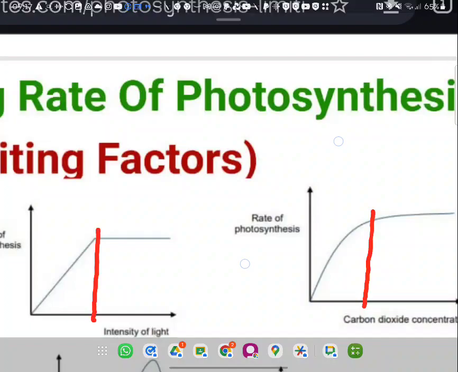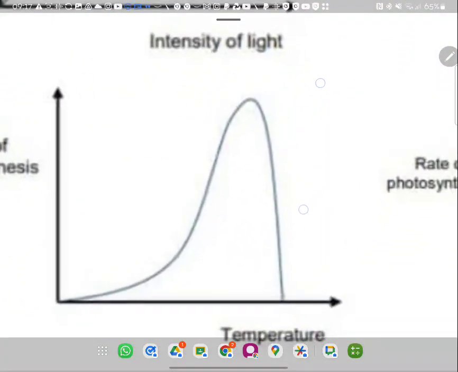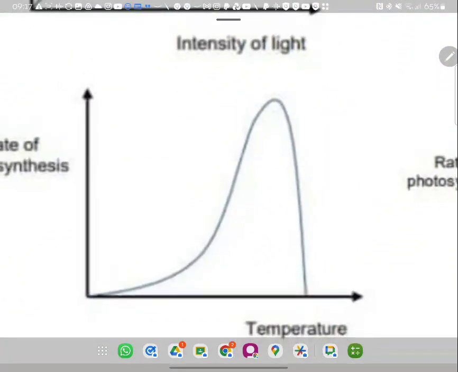Now, the third graph that we need to know is temperature. And this mimics the enzyme profile for temperature. So as we increase the temperature here, we increase the kinetic energy of the particles. And so we remember that an active site fits exactly the substrate.